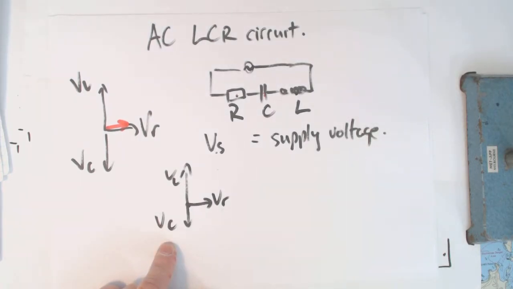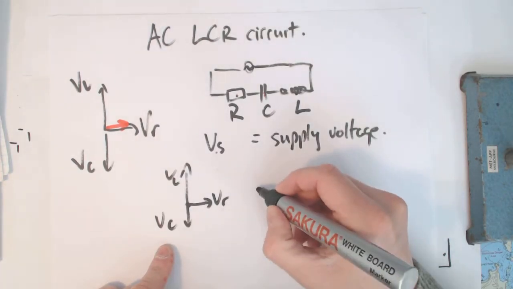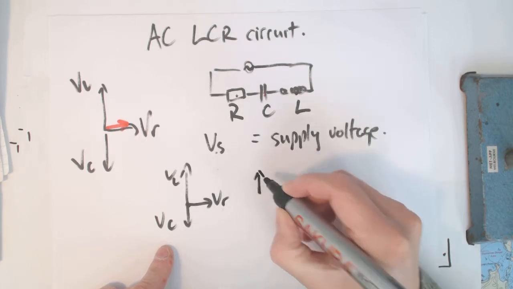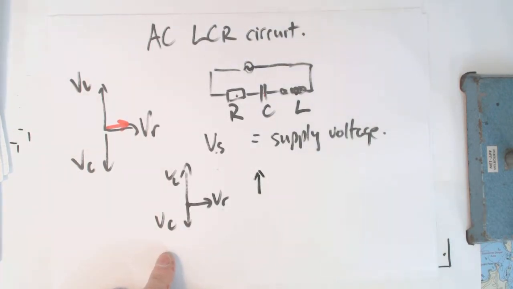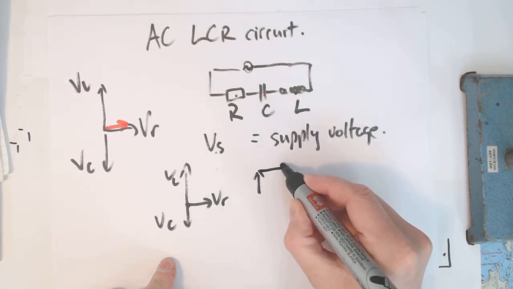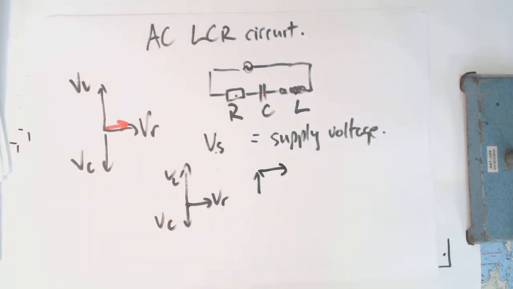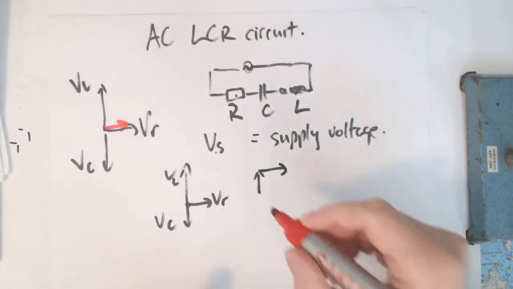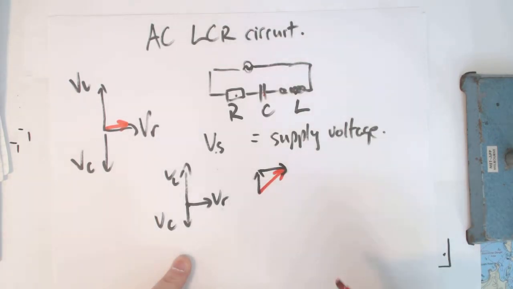This is VC, always VC is on the bottom. Then we end up with a much smaller V there. And we then add on the VR, and that leaves us with a net vector, which is Vs.